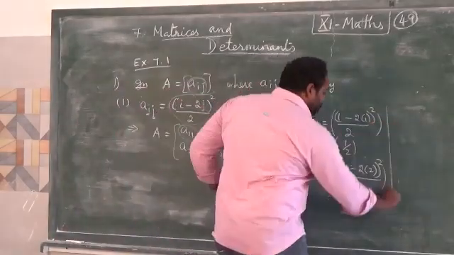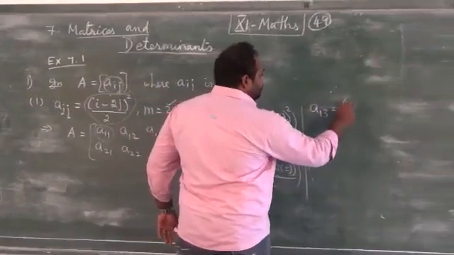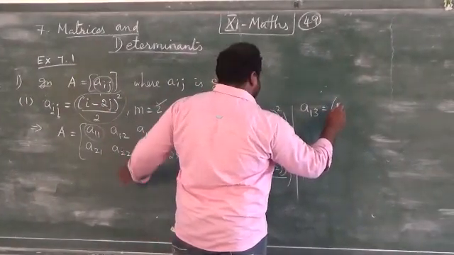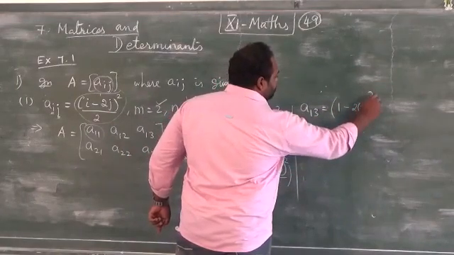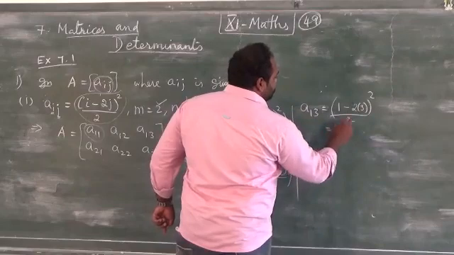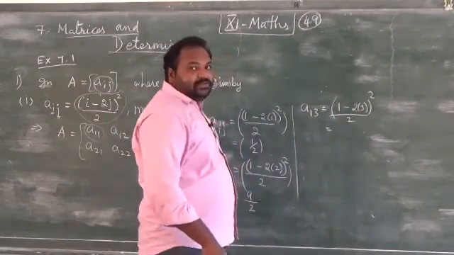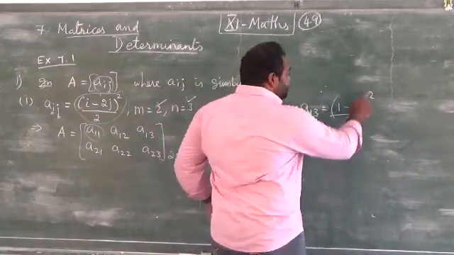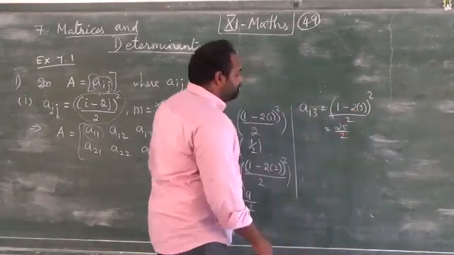Next A13. Here i is 1, j is 3, so (1 minus 2 into 3) whole square divided by 2. 2 into 3 is 6, 1 minus 6 is minus 5, squared is 25, so 25 by 2.